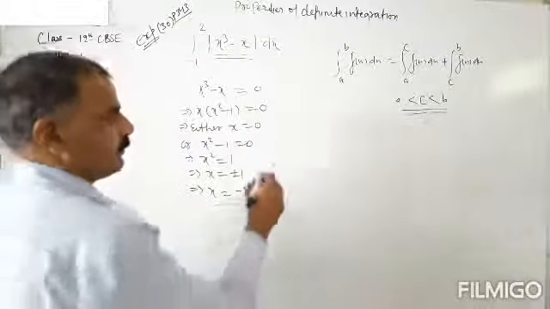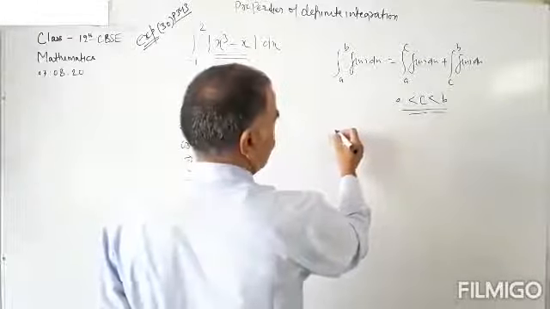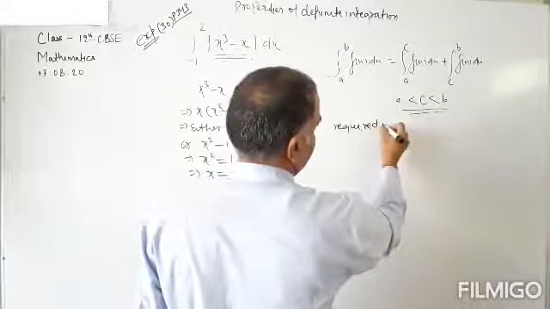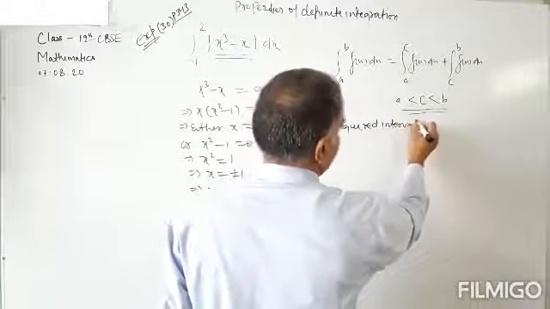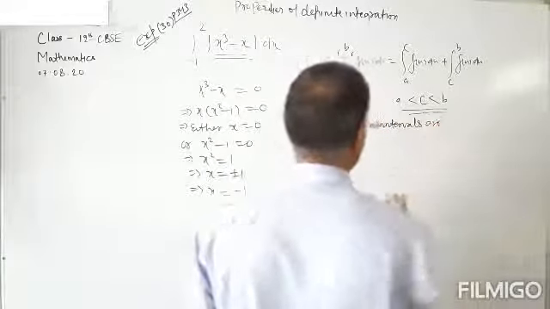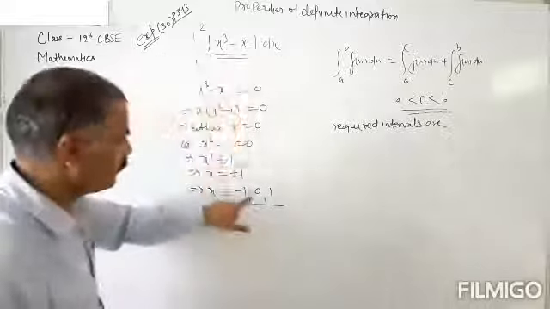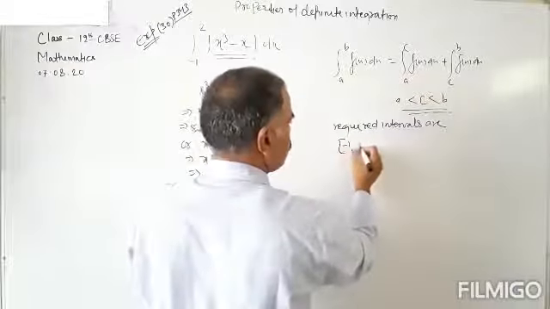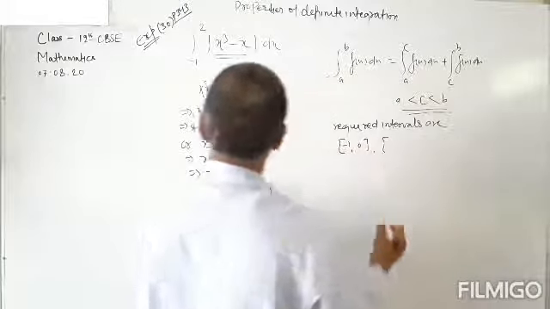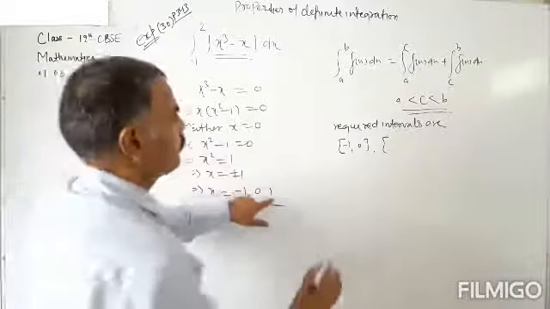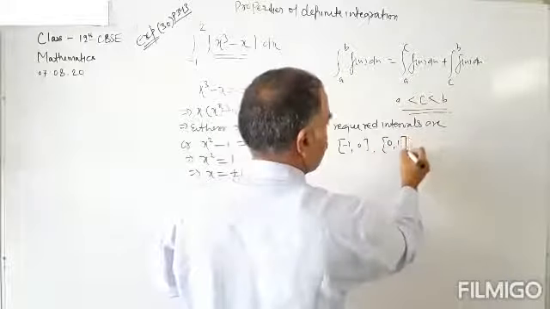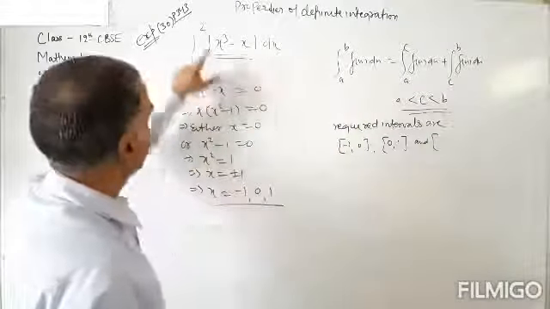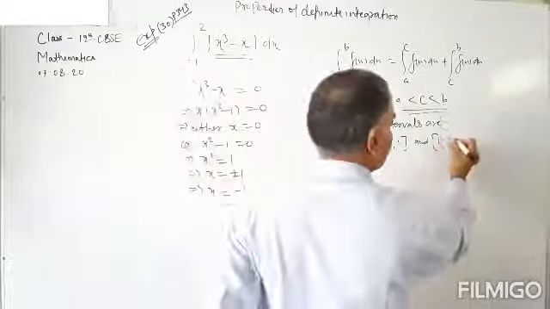So the required intervals are: from minus 1 to 0, then 0 to 1, and then 1 to 2.